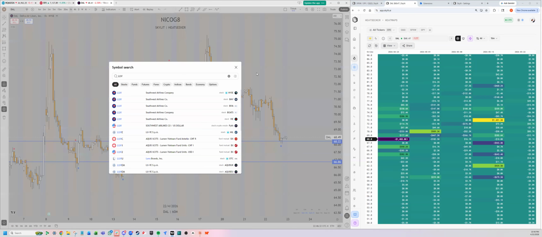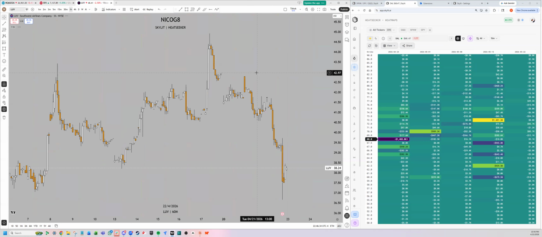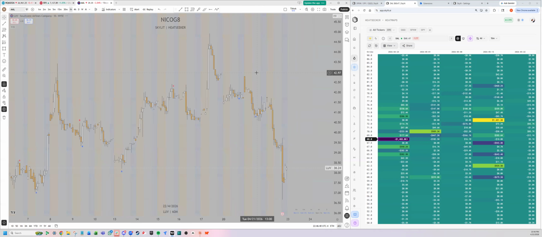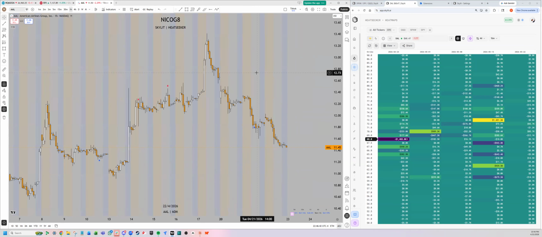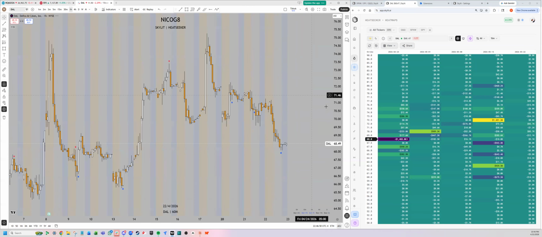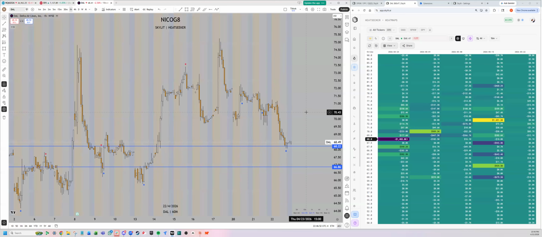What is love, Southwest? Oh, Southwest had earnings. Got you. Oh, American Airlines tomorrow morning? Yeah, any airline you want to hold off on until we get American Airlines earnings, which can also move some of this.